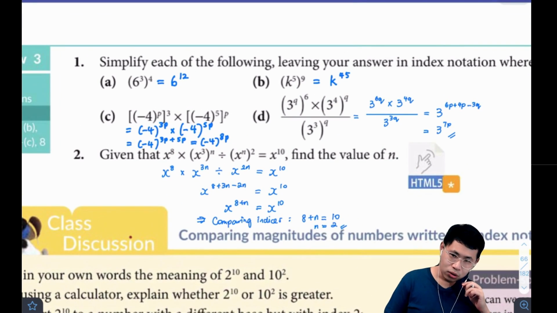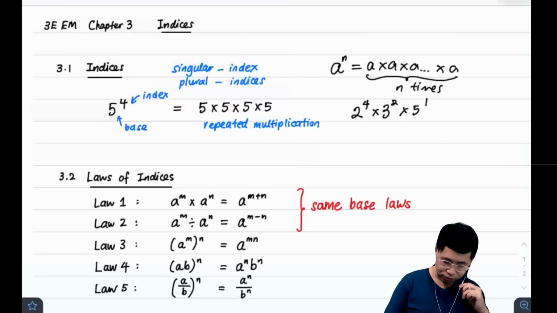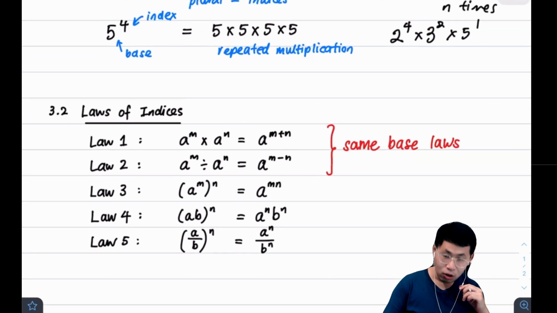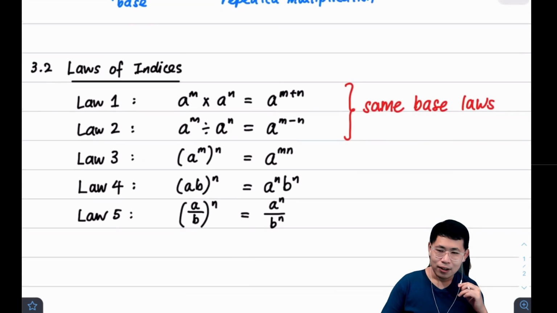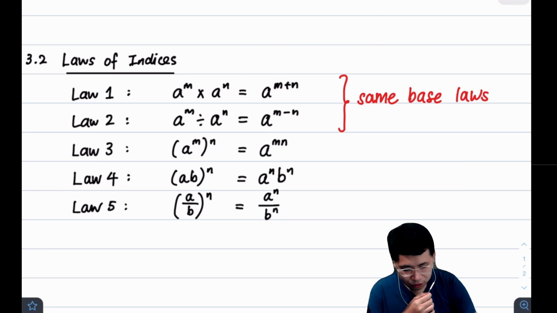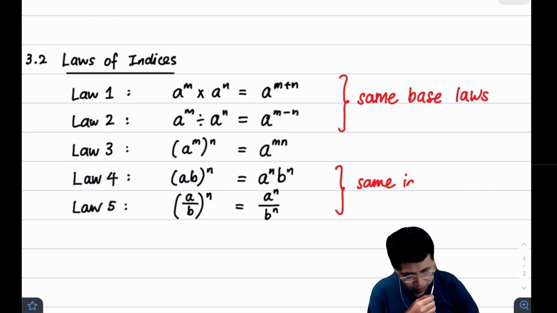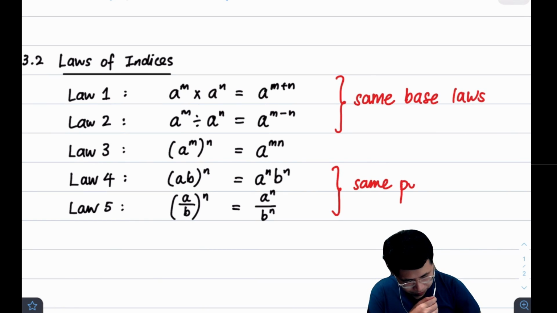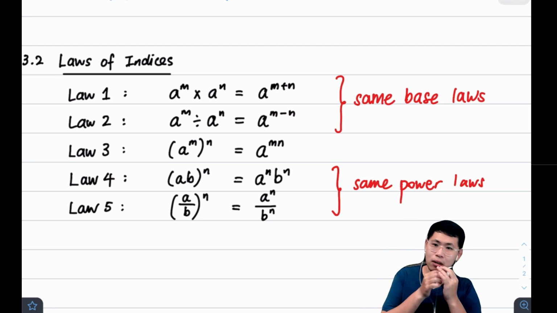And we are going to move on to law number 4 and law number 5. With law 4 and law 5, I'm going to write a special name for this. Both these laws are actually our same power law, or same indices. Same power laws.